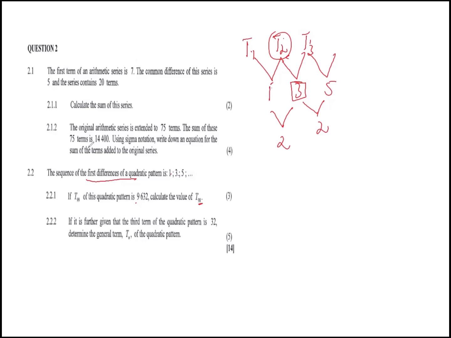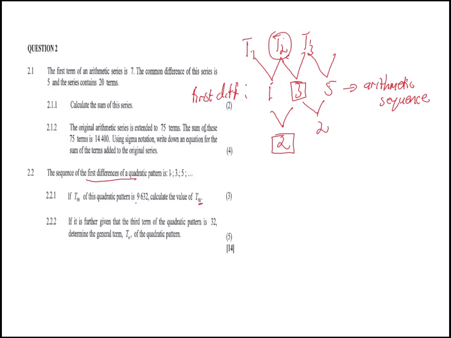So in other words here, what we'll be trying to find is the pattern that is created by this, right? 1, 3, 5. Now from here, we can already see that our common difference, remember the first difference, the one important thing that you have to note about the quadratic pattern is that the first difference always gives birth to the arithmetic sequence. If you can look at this, the first difference of your quadratic pattern is actually an arithmetic sequence.